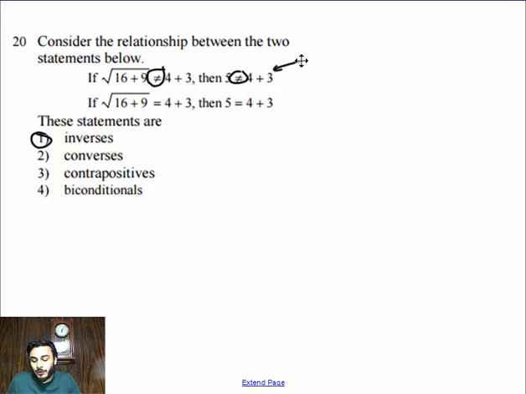You see what I'm saying? The converse would just switch it. The contrapositive would switch it like the converse, but it would also negate. And then a biconditional has an if and only if part in the middle of the statement. So the answer to 20 is choice 1.